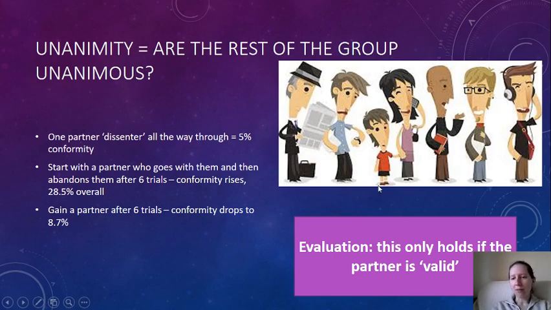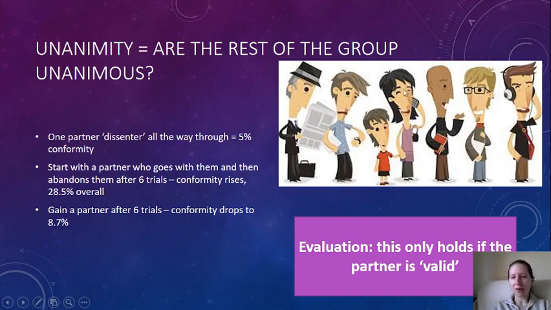Let's imagine that this lady in the purple top is going to give the correct answer instead of giving the wrong answer. So the group now is not unanimous. Everyone else is still going to give the wrong answer, but we're going to have one person, and that's who we call the dissenter or the partner, because they're going to be a partner to the participant and give the correct answer.